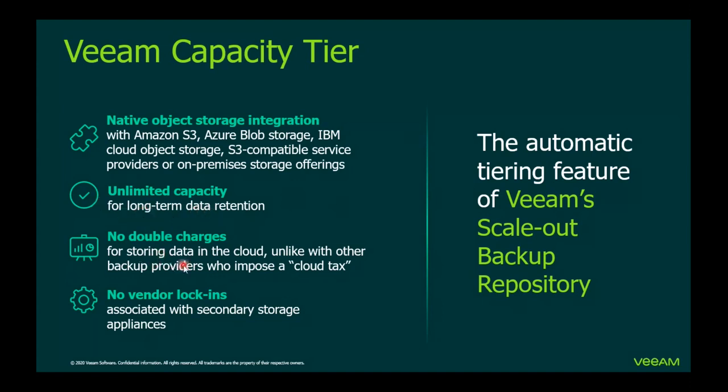Veeam does not charge you anything for it; you just buy cloud storage from the respective vendor. That's it. No vendor lock-ins. If you have data sitting on Azure Blob, you can restore it on premise or on another platform also, because it's a portable format.